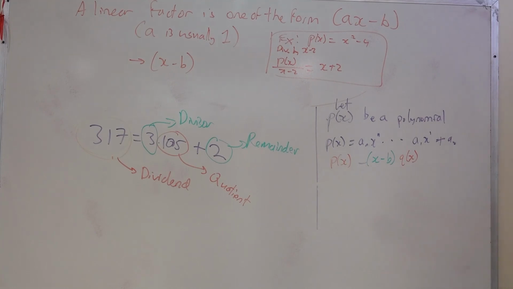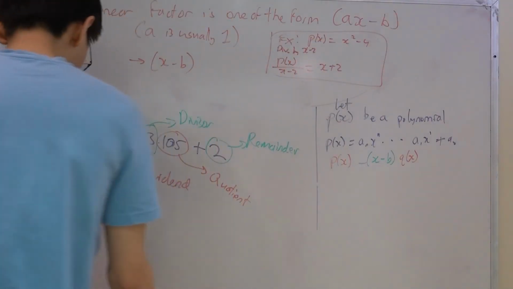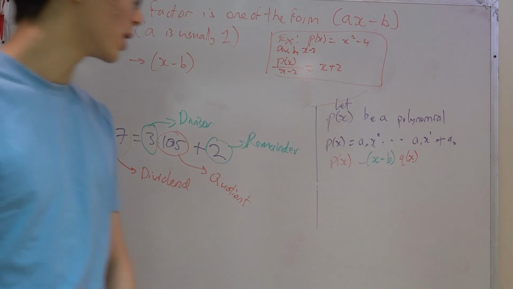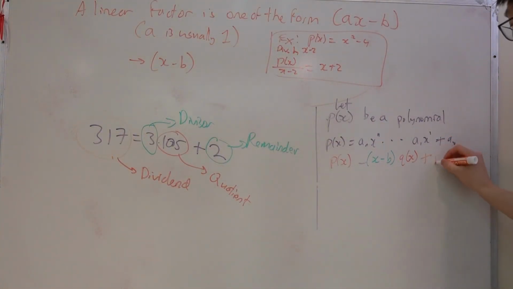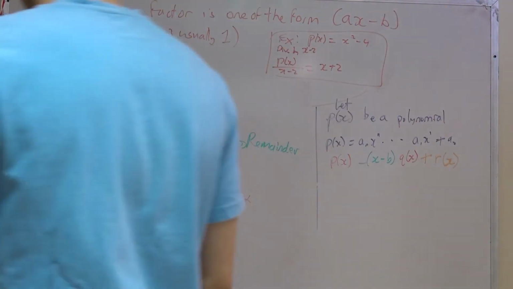Okay? And the only thing that might be a little strange now is that you might have a remainder, right? And the remainder, unfortunately, is pretty messy. It also might be itself a polynomial. So I'll do it in orange, even though I hate orange, r of x. Okay?